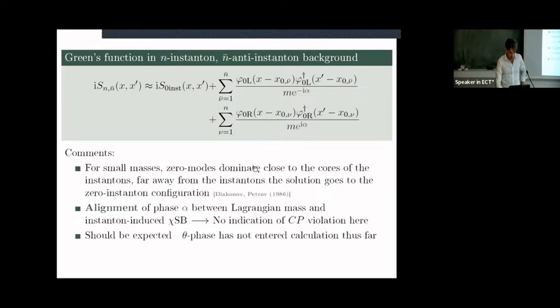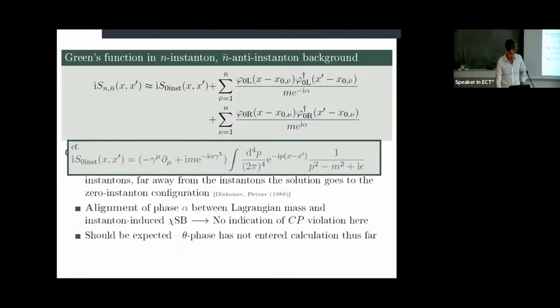Yeah, so this is something that has been applied a long time ago in the business of dilute instanton gas. And the significance here is that if you remember what this S0 instanton is, it has this phase alpha here, and now the phase alpha also shows up here. So there's an alignment between the Lagrangian mass and the instanton-induced chiral symmetry breaking.